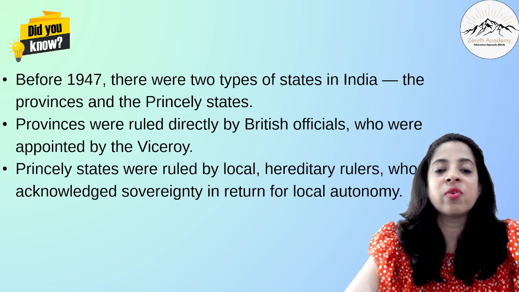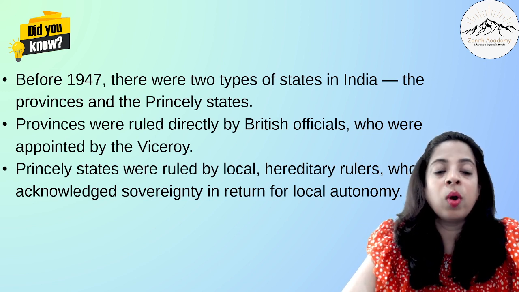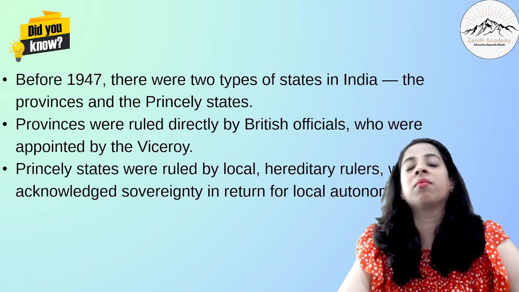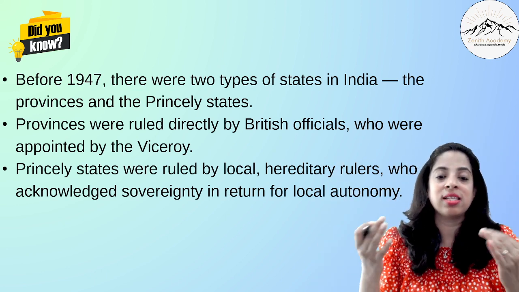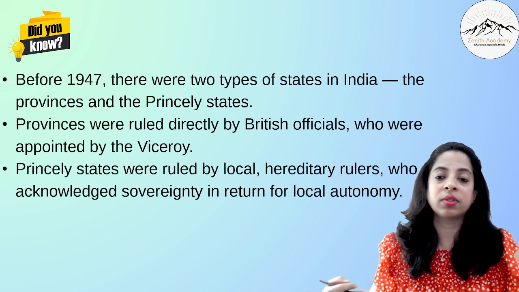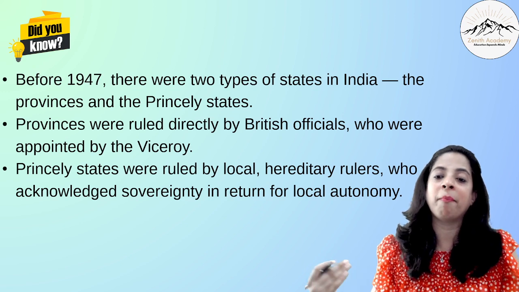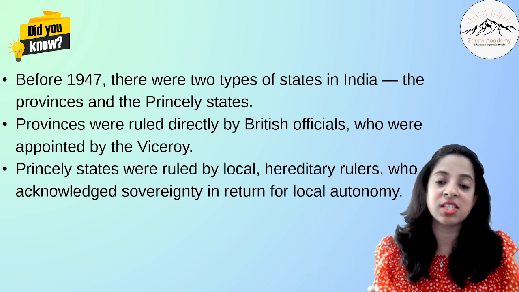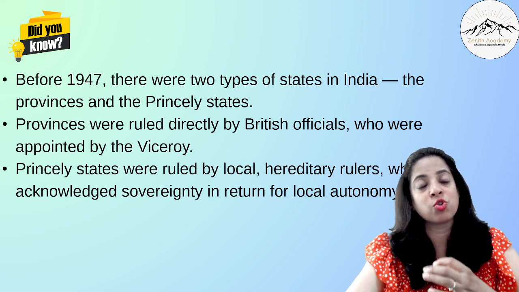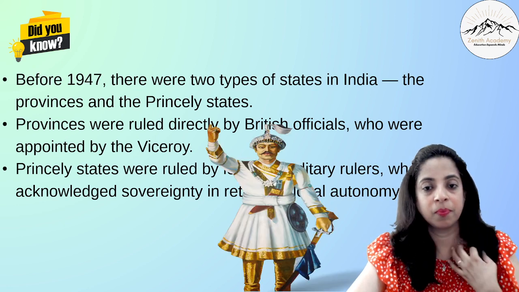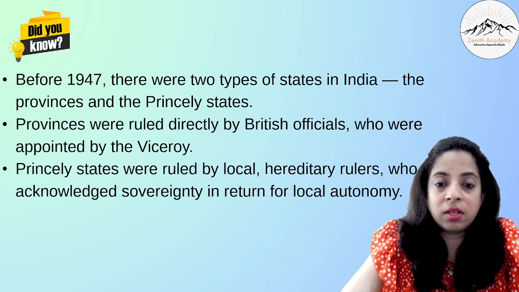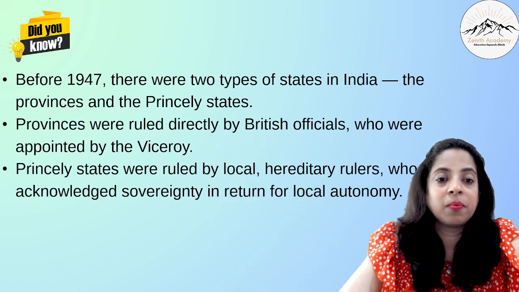Now, princely states were ruled by local hereditary rulers who acknowledged sovereignty in return for local autonomy. तो उन्होंने ब्रिटिश गवर्नमेंट की sovereignty को accept किया था ताकि वो locally उस जगह को में ऑटोनॉमी चला सके, उस जगह में अपनी सरकार चला सके, अपनी गवर्नेंस चला सके. Right? Autonomy is when some state or some place is ruled by one single ruler. So, princely states were ruled by our rulers, okay, our local hereditary rulers.